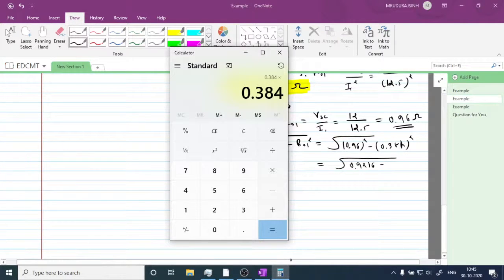So we'll take it as 0.15. Now 0.9216 minus 0.15 is 0.7716, and under root of this gives us 0.878, so it's 0.88. So X01 is equal to 0.88 ohm.